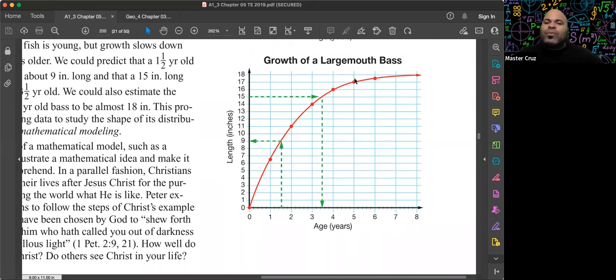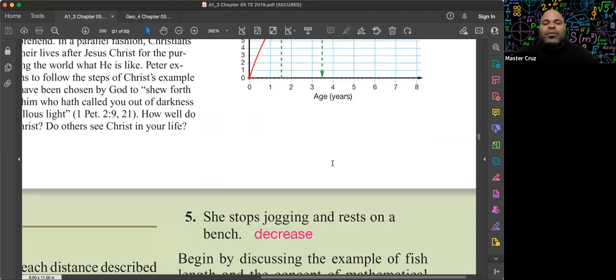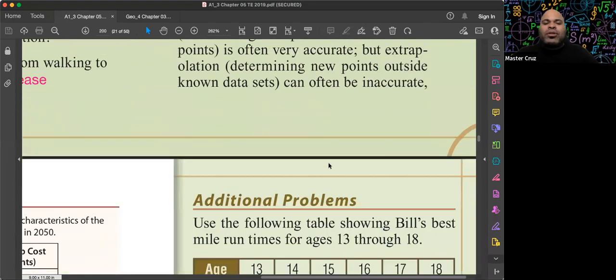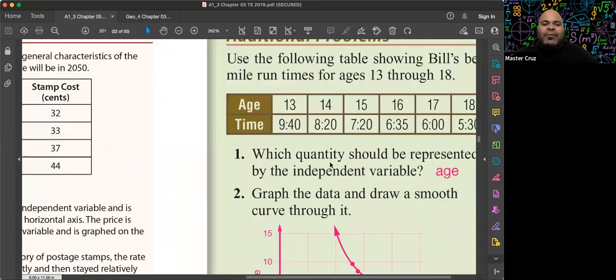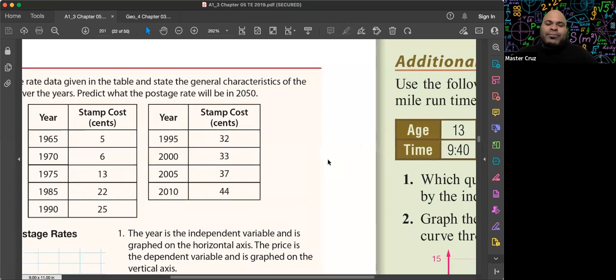So it only grew 1 inch versus the first year that it grew 6.5. And after the second year, it grew about 4.5 inches. So as it gets older, it gets longer, but it grows at a slower rate. So that's what we have to look at so that we can start learning how to read tables and graphs.